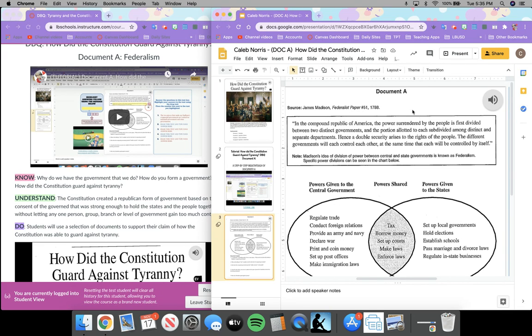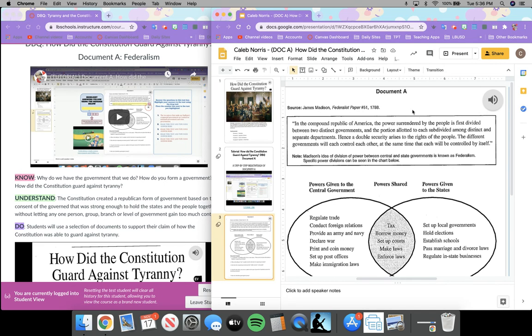So basically, this is Madison's idea of division of power between central or national government and state governments. And this is what federalism is. Specific power divisions can be seen in this chart below. We're going to talk about that in a second, but I really want to break down what Madison is saying in this little excerpt.